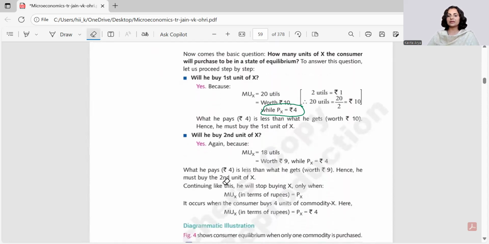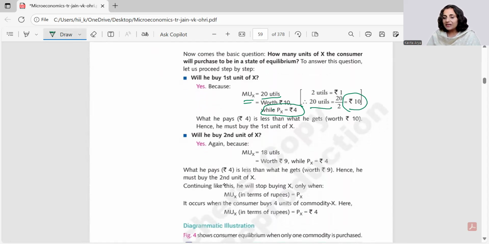Now the basic question is, how many units of X would be bought by the consumer? Will he buy the first unit? Yes. Why? Because the marginal utility is 20, and the worth in terms of rupees, because every rupee must give 2 units of satisfaction, is 10 rupees for 20 utils.